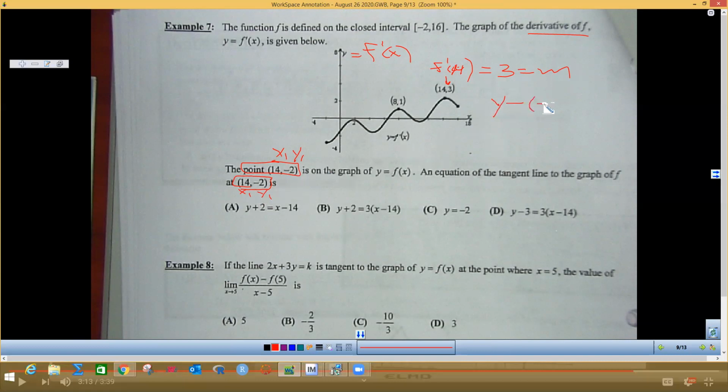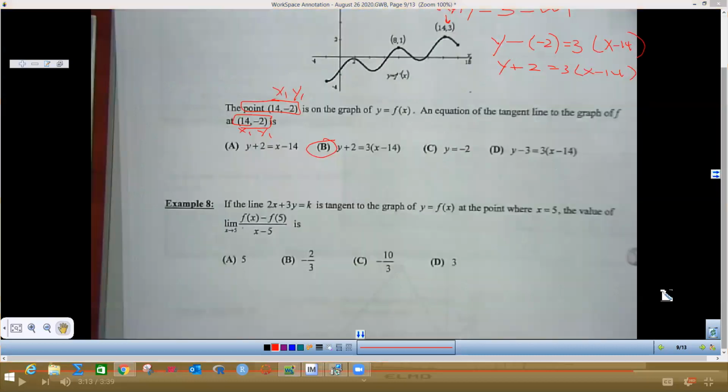It'd be y minus negative 2, because that's my y1, is going to equal 3 times x minus 14. And that's your equation right there. Now you're going to have to find which one of these this is. So this is y plus 2 equals 3 times x minus 14, and I found that to be this one right here. So I don't need to solve for y because that's the right answer.